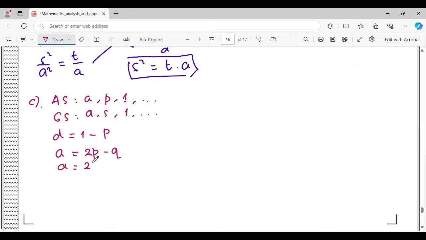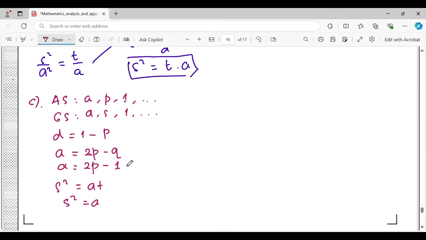Then a equals 2p minus 1. And from the geometric sequence, s squared equals a t, so s squared equals a, because t equals 1.